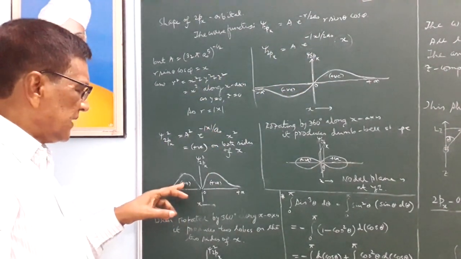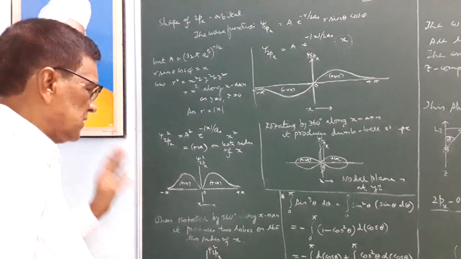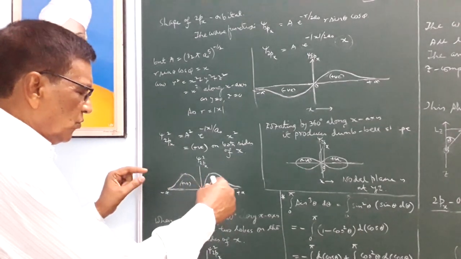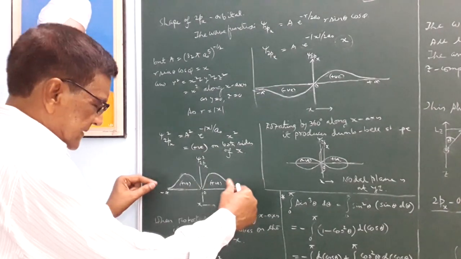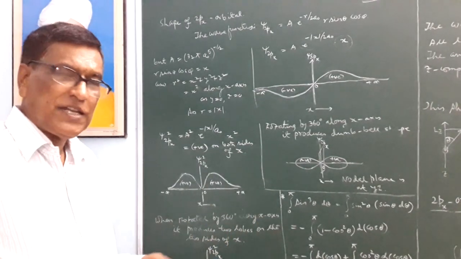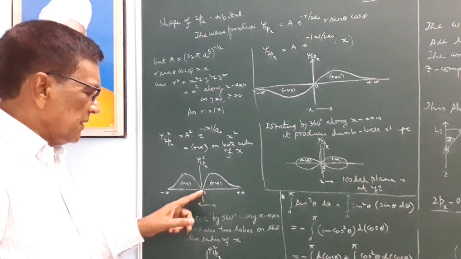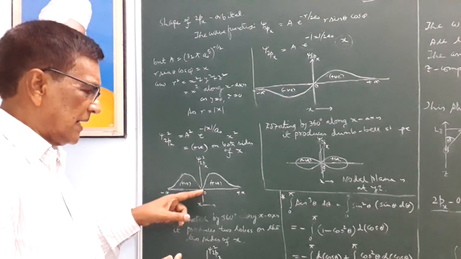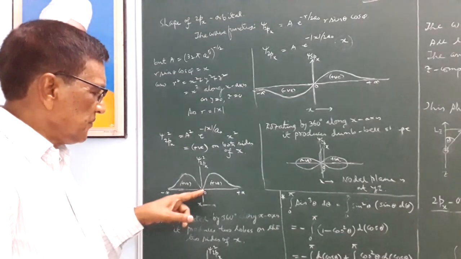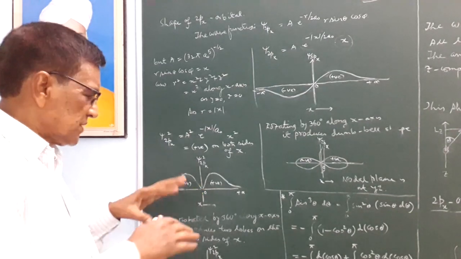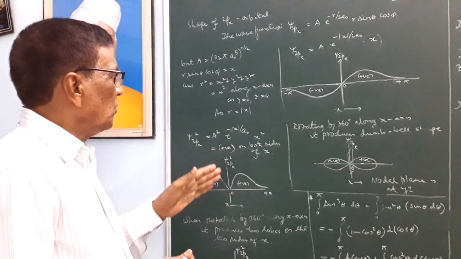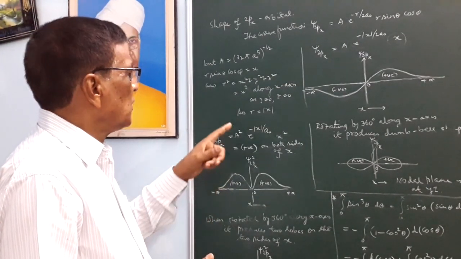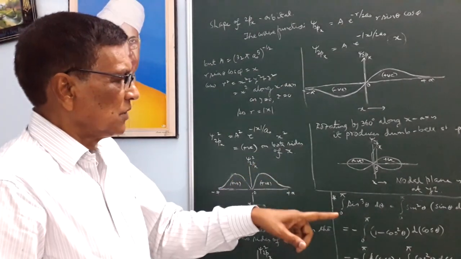The right hand side also will be like this one, and whenever we rotate about the x-axis by 360 degrees, it becomes a dumbbell shape. Both sides will be positive, and the nodal plane will be the yz plane.